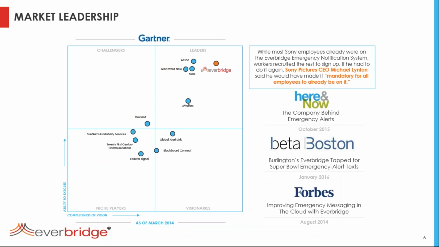You can see here from Gartner, which is one of the analyst organizations that assesses who the solutions and vendors in the market are that really provide the better solutions based on category, we've consistently maintained ourselves as a leader in the category of critical communications. And you can see some other accolades here that various organizations have provided us. So our goal is to be the leader in the marketplace from a critical communication perspective, and we continue to strive to do that.